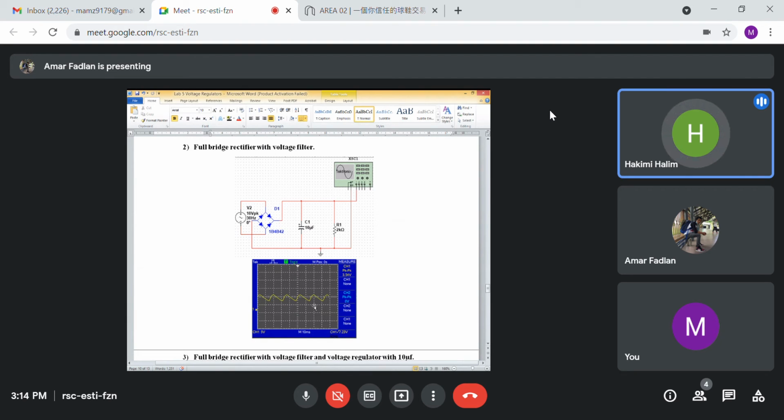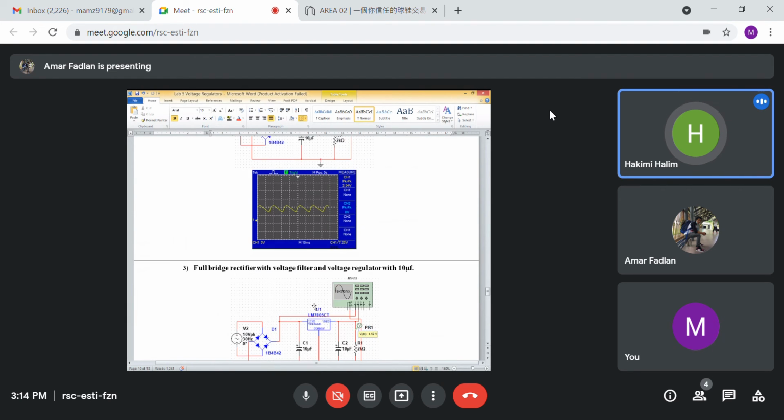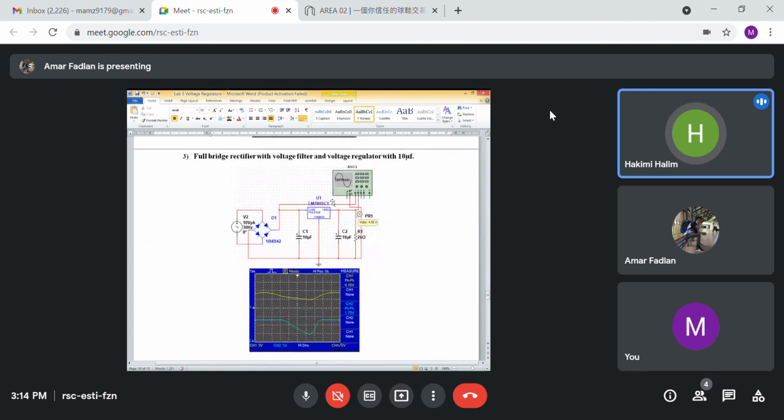Then after that we have a full bridge rectifier with filter and voltage regulator. What this circuit does is provide much less ripple, and the DC value will remain the same even if the input DC voltage varies.